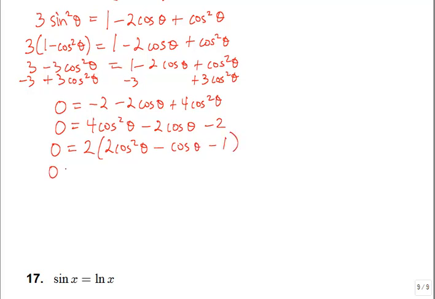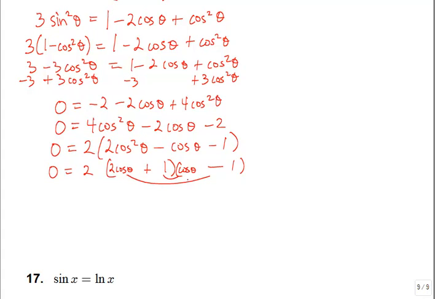So I like to pull out my GCF first, and then break this down into our 2 sets of parentheses. I need a 2 cosine theta and a cosine theta to get 2 cosine squared. I need a 1 and a 1 to get my 1. And since I want my middle term to be minus, I'm going to need this to be minus, so I'll have a negative 2 cosine theta, and this needs to be plus so that I have a plus cosine theta, and they'll add together to a minus 1. Great, now we have it factored.